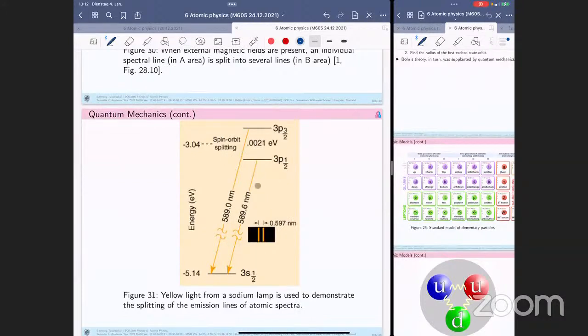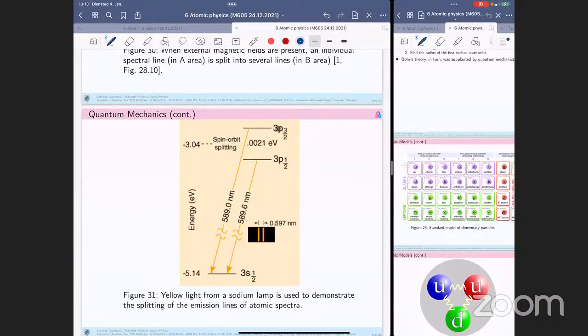Once we apply the magnetic field, we could see the energy levels splitting from each other. The difference in wavelength that appears on the chart is 0.97 nanometer, and the energy level difference is 0.0021 electron volt.